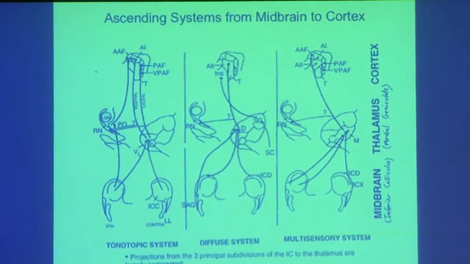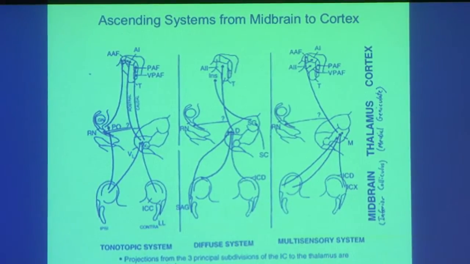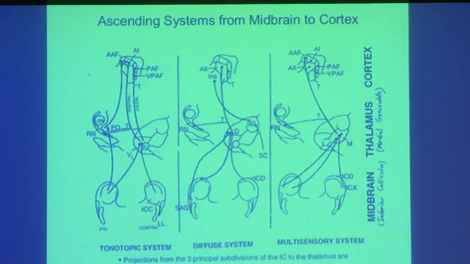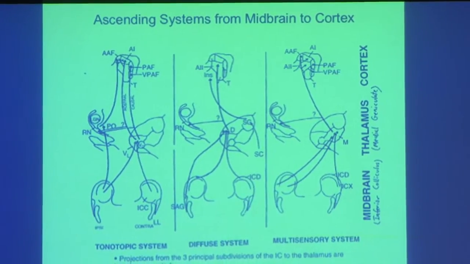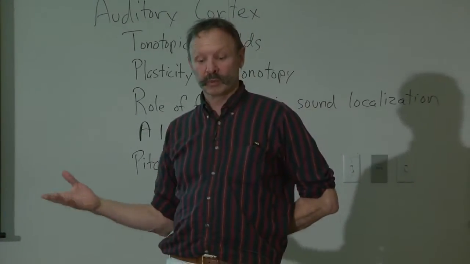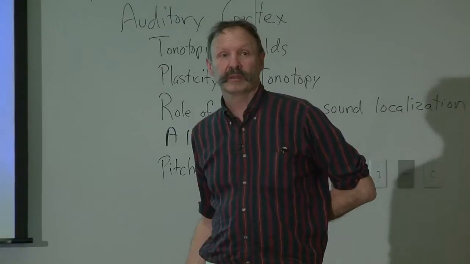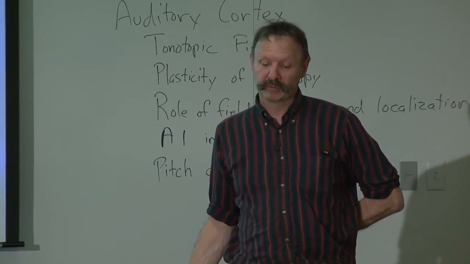Now, such mappings are not found in general in the auditory system of mammals, with the one exception being in the deep layers of the superior colliculus. There are neurons that are responsive to auditory as well as visual stimuli. Of course, we think of the superior colliculus as being a visual nucleus.